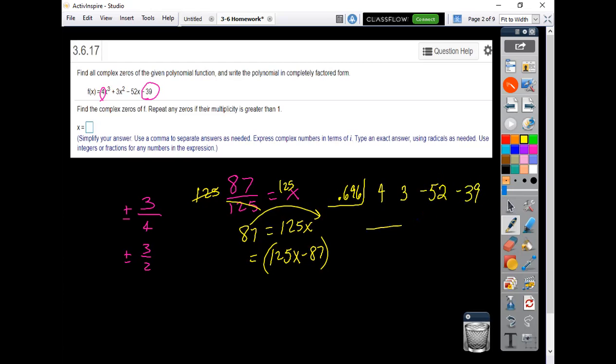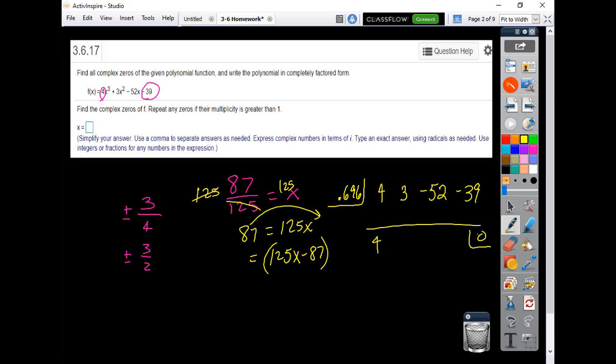So after we take out the zero that we know, let's see what we have left here. That's where you bring down. This better give me a remainder of 0 here.